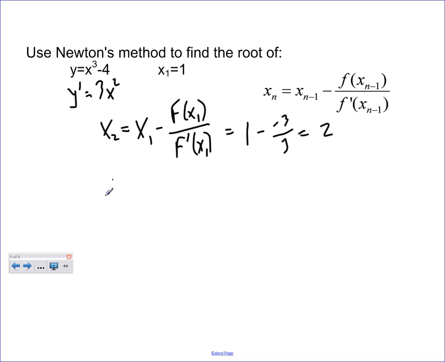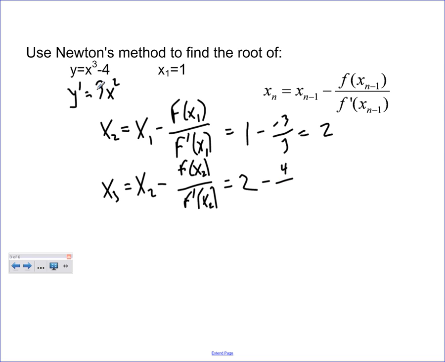So if I want to know now, x sub 3 is equal to x sub 2 minus f of x sub 2 over f prime of x sub 2. And so I'm going to get x sub 2, which is 2, right? Minus f of x sub 2, so 2 cubed is 8, 8 minus 4 is 4.